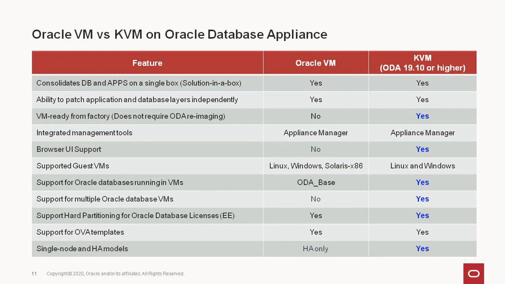And of course you can run multiple database VMs now, whereas on OVM you only have one database VM. And finally, OVM was only available on our HA model, whereas KVM is available to all the ODA models now, including the single node, the S and the M models.